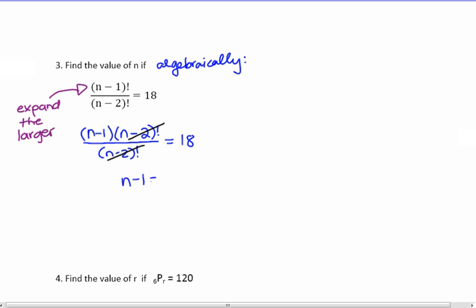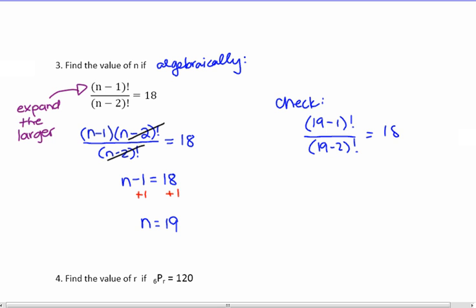n minus 1 equals 18, so therefore n is 19. Can we check our work? Yes. So if you want to do a check, you could just plug in your n value. So it would be 19 minus 1 factorial divided by 19 minus 2 factorial has to equal 18.